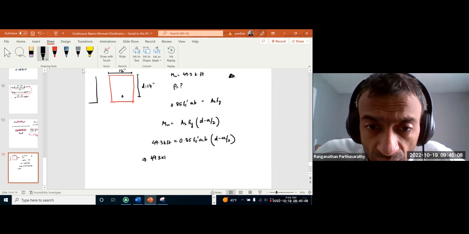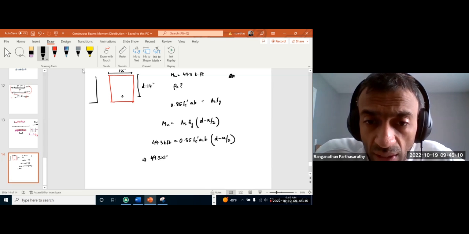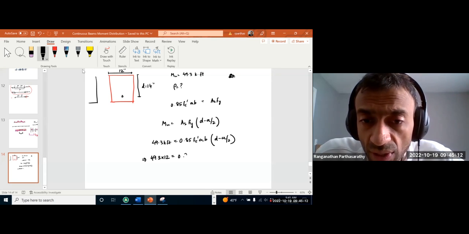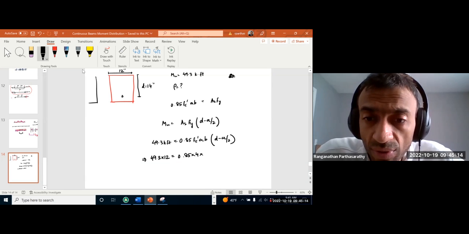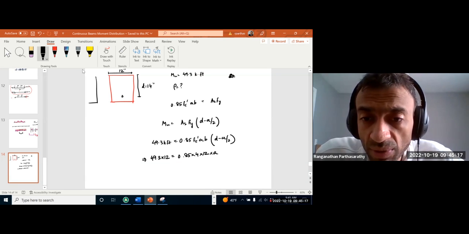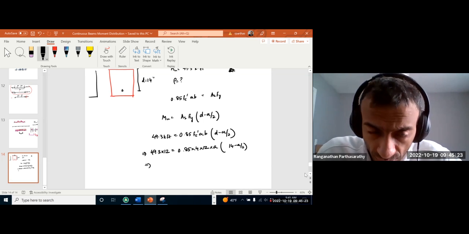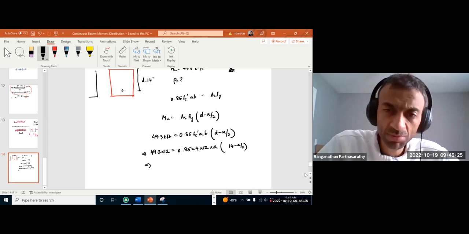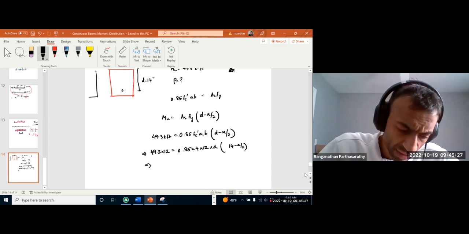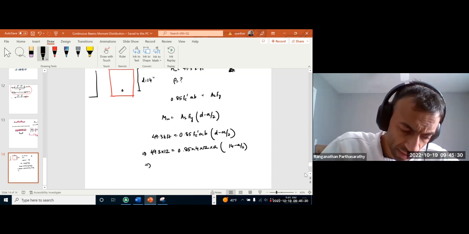Let's convert to kip-inch, times 12 inch-kips. This is 854. We have b as 12 inch times a, d is 14 minus a by 2. Now let's solve the quadratic for a. I hope this part you remember from undergrad. If not, I will quickly go over.